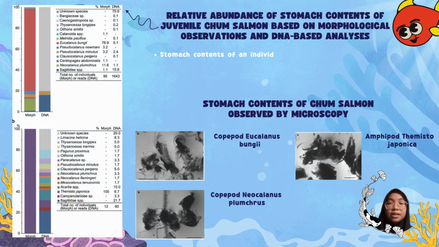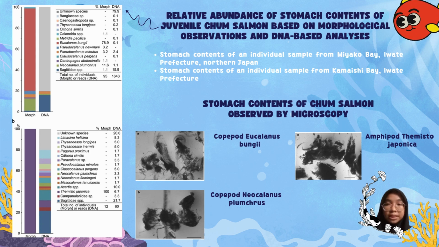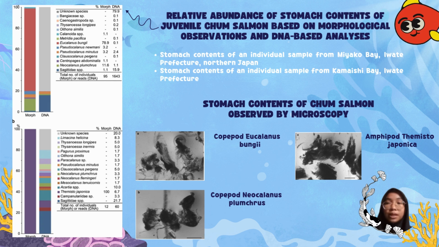This slide shows the relative abundance of stomach contents of juvenile chum salmon based on morphological observations and DNA-based analysis. Stomach contents from an individual sample from Miyako Bay. Stomach contents from an individual sample from Kamaishi Bay.